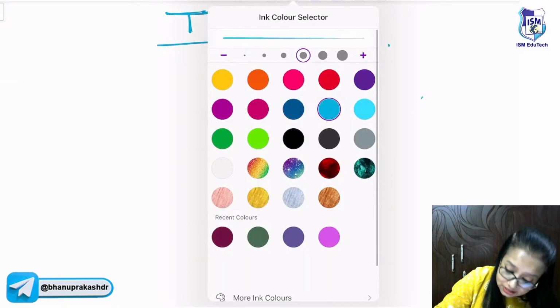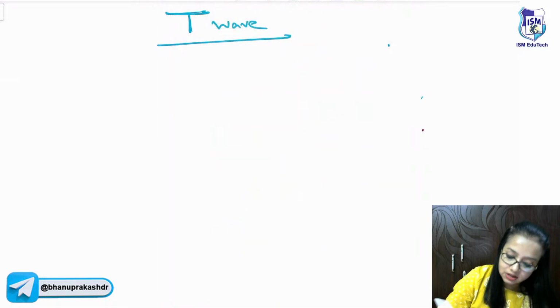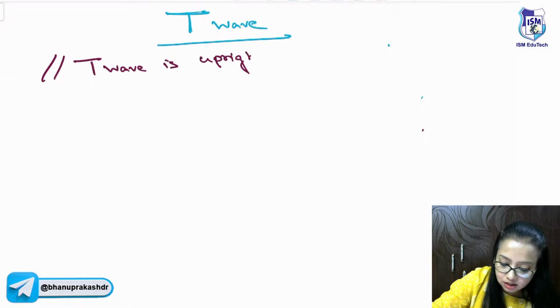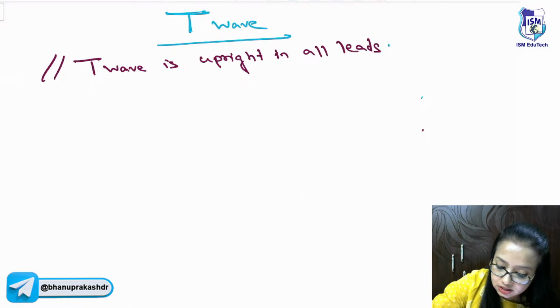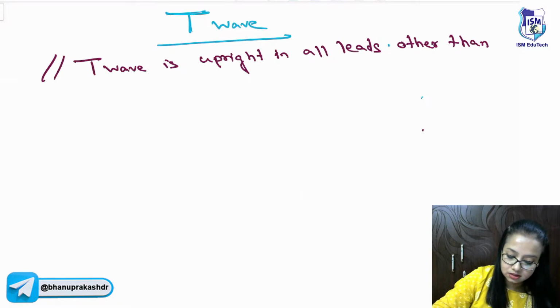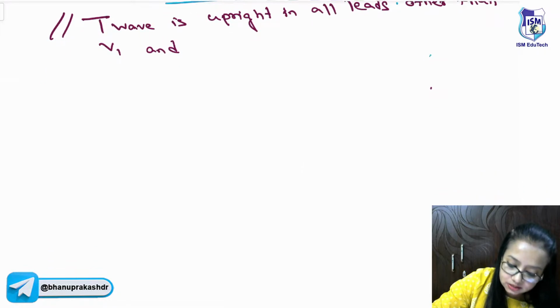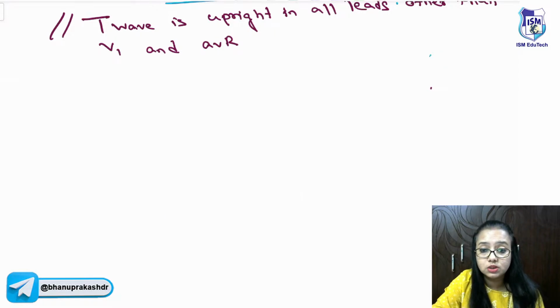Now, an essential characteristic of the T wave is that it is upright in all leads other than V1 and aVR. These are the two leads in which the T wave is not upright.